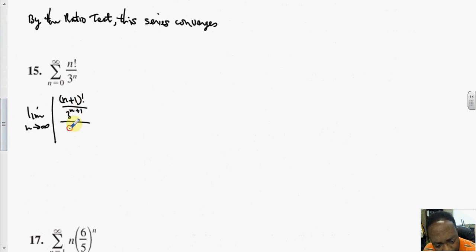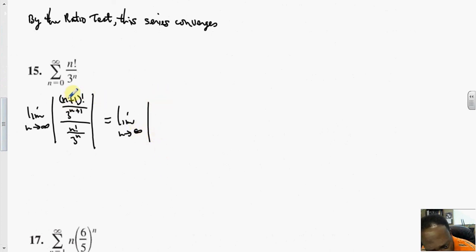And that's divided by the original sequence, n factorial divided by 3 to the n. So this is the limit as n goes to infinity. Notice that all these terms are positive, so you can lose the absolute value here. If it's an alternating series, the absolute value just wipes that out. And sometimes they leave it, it's fine. I'm going to just leave it for now.